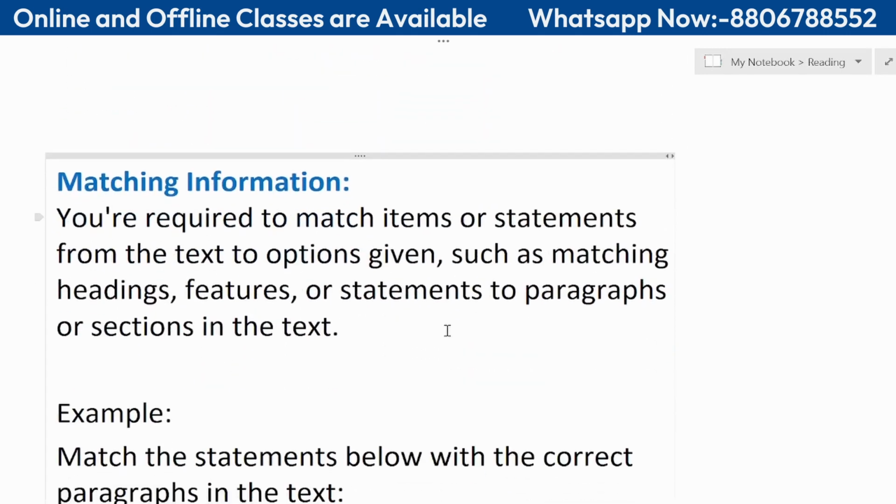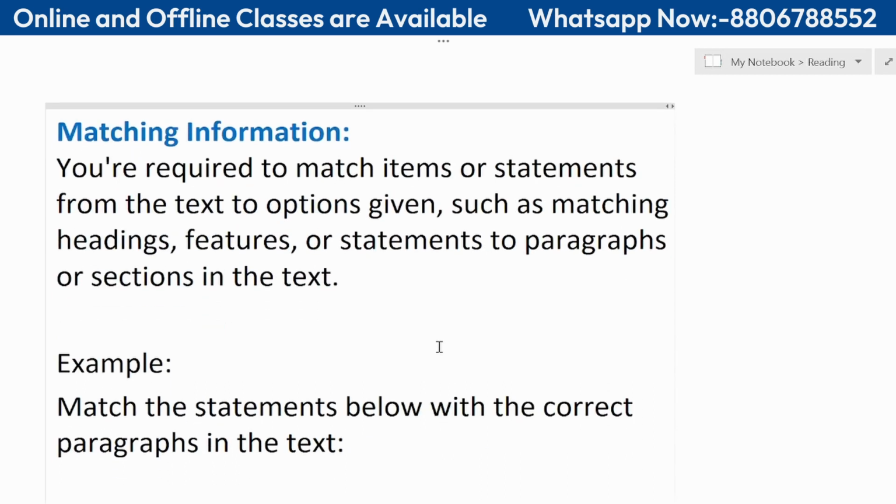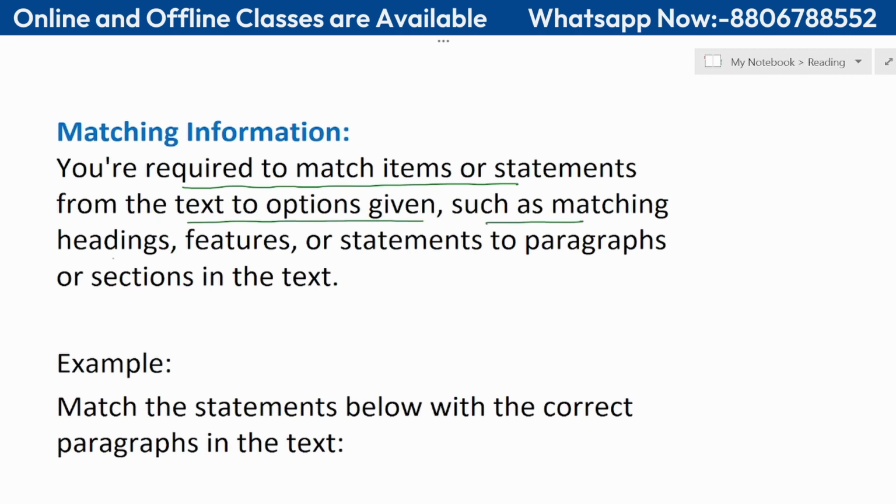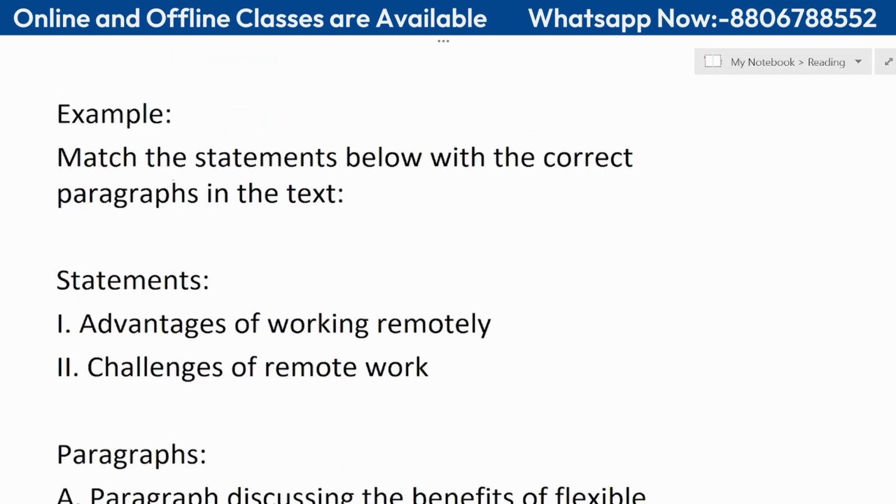The next one which you can expect, the type of question, is matching information. So here you are required to match items or statements from the text to options given, such as matching headings, features, or statements to paragraphs or sections in the text. So here is an example. Match the statements below with the correct paragraph in the text.